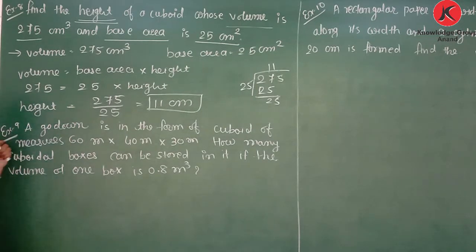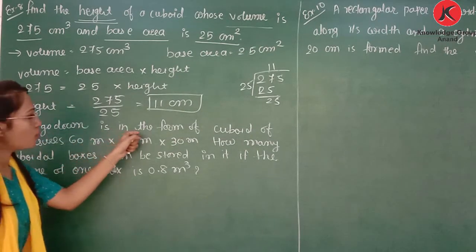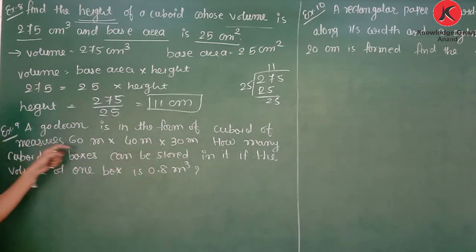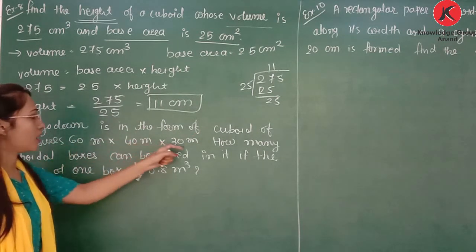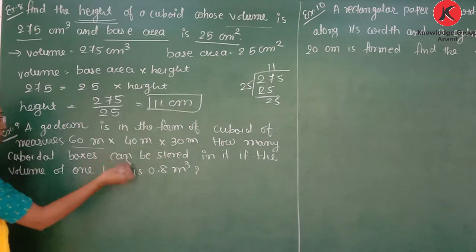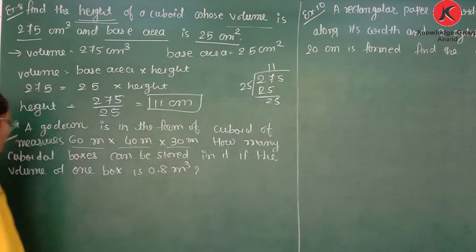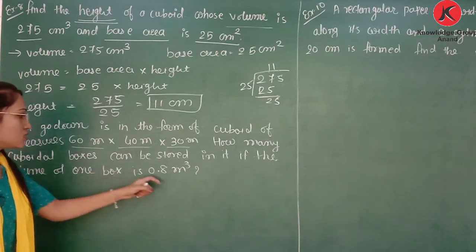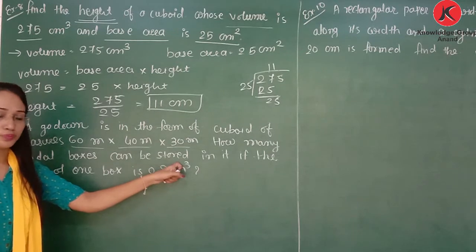Now next one. A godown is in the form of a cuboid of measure 60 meter, 40 meter and 30 meter. So this is the length, breadth and height. How many cuboid boxes can be stored in it if the volume of one box is 0.8 meter cube?